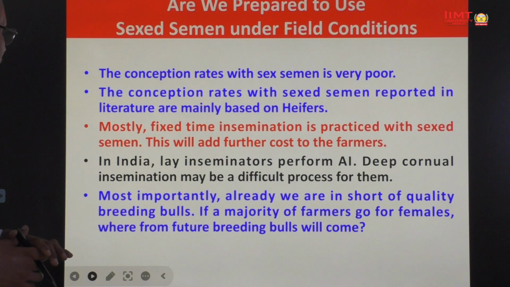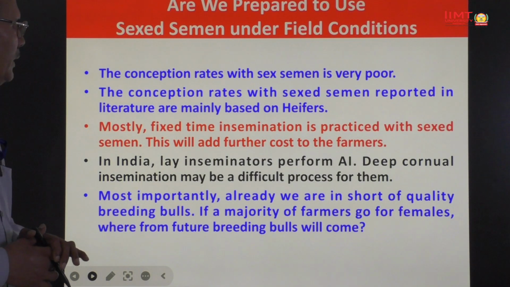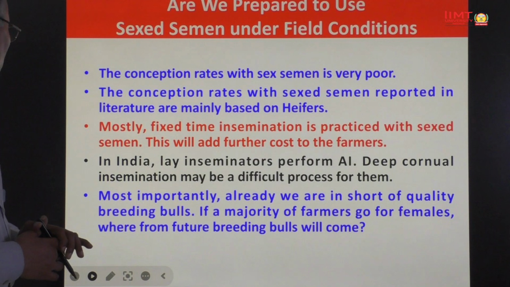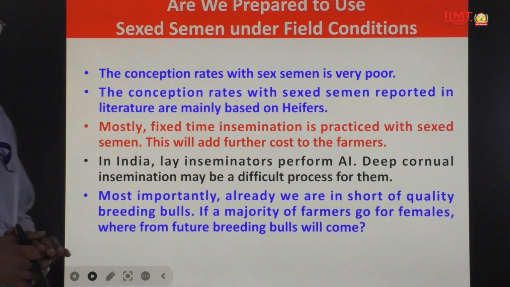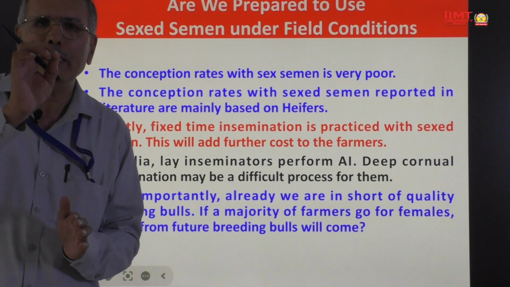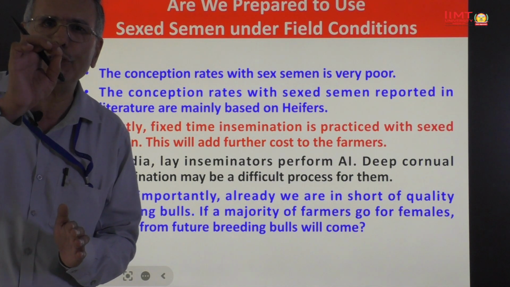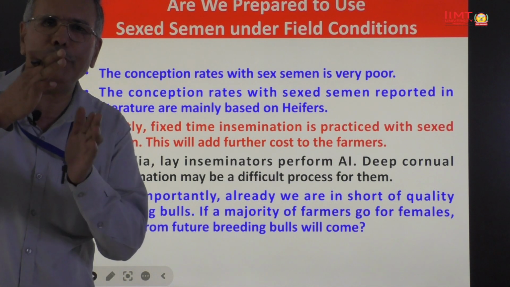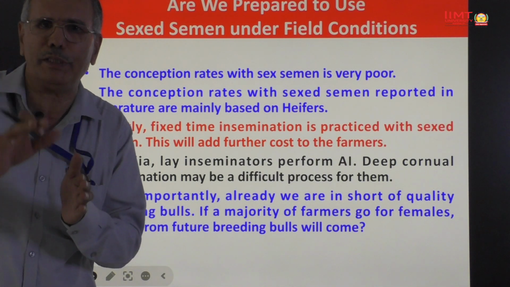In India, lay inseminators perform artificial insemination, and deep cornual insemination may be a difficult process for them, because in case of artificial insemination, the semen is deposited in the mid part of the cervix.